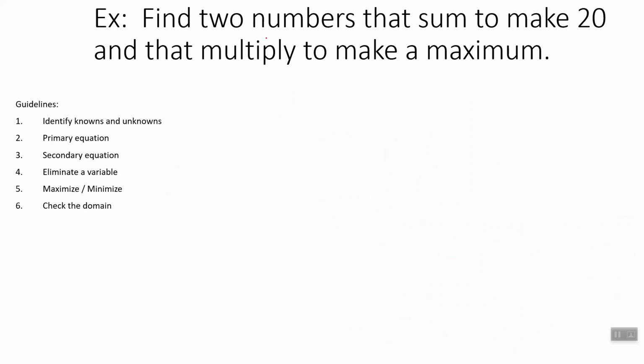Next one. Find two numbers that sum to make 20 and multiply to make a maximum. All right, so identify our knowns and unknowns. We'll call these numbers x and y. Two numbers. We're just using variables. Primary equation. They want to multiply to make a maximum, so x times y is equal to a maximum.